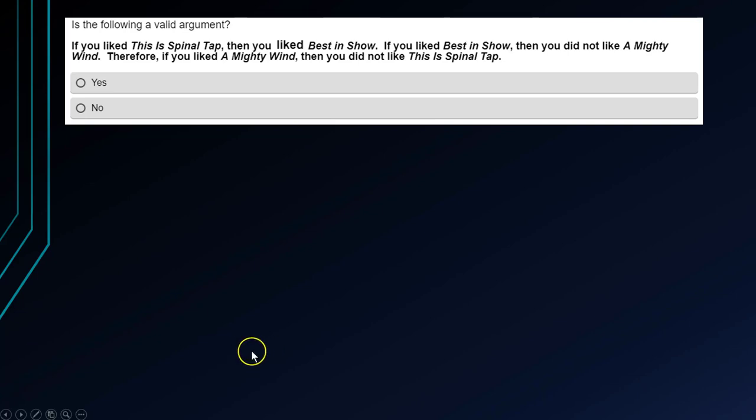So, I'm going to translate this. If you liked This Is Spinal Tap, then you liked Best in Show. So I translate that as if S, then B. Obviously, S is that you liked This Is Spinal Tap. B is that you liked Best in Show. If you liked Best in Show, so that part's going to be if B, then you did not like A Mighty Wind.